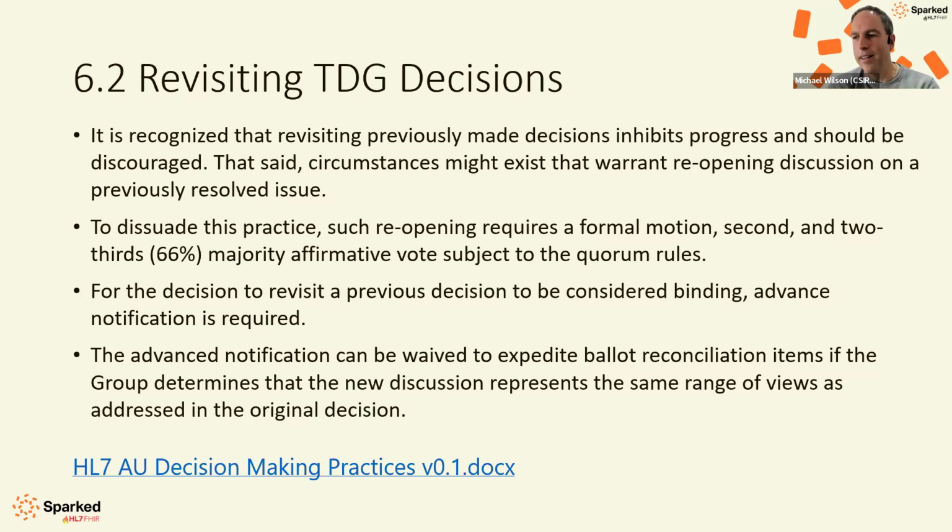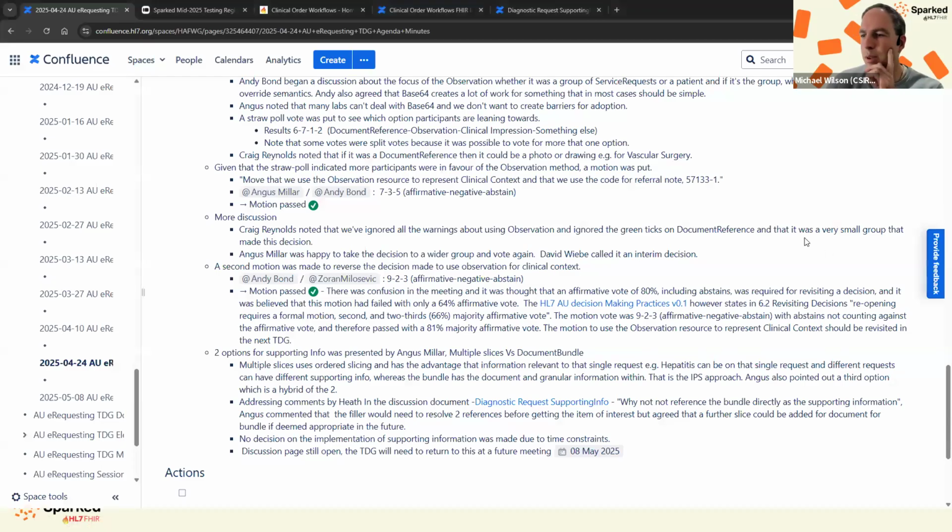But either way, there ended up being an 81% majority. So whether it's classified as a revisit or not, it still passed. That was a point of note for those minutes. It was believed at the time that the motion had failed, but it had actually passed.